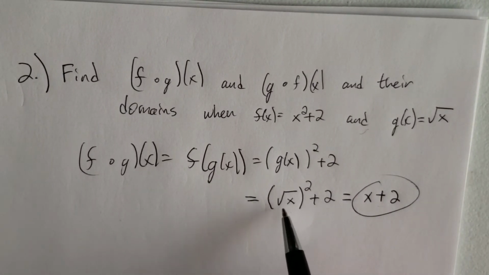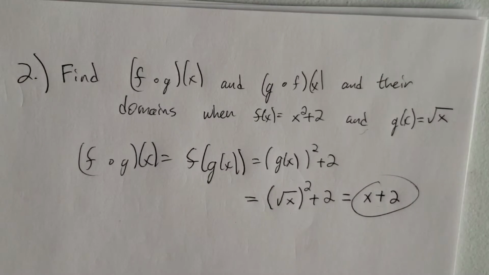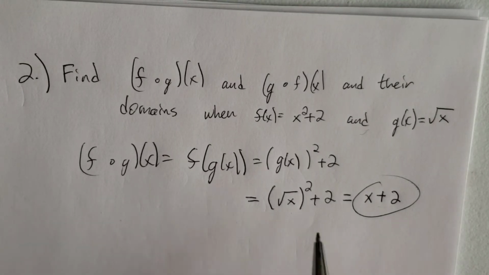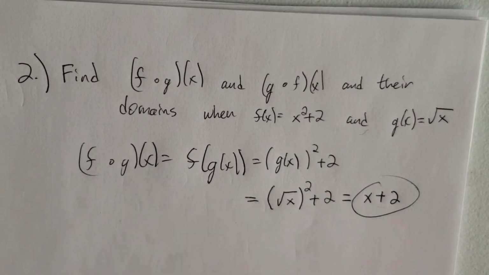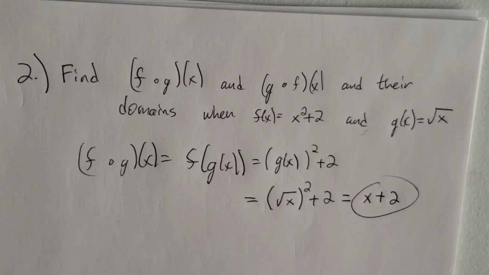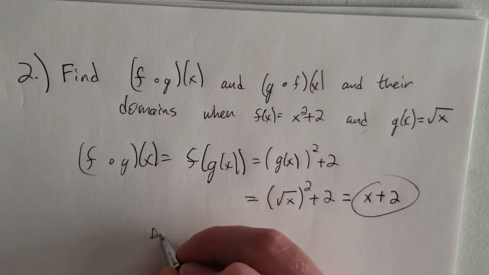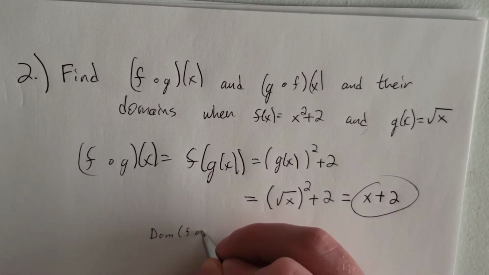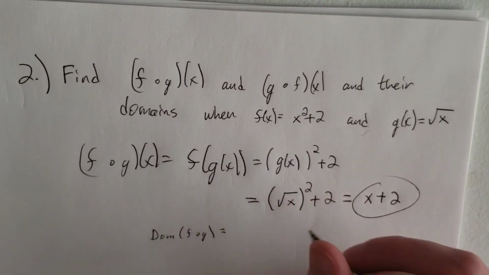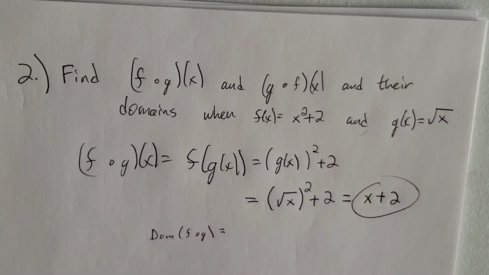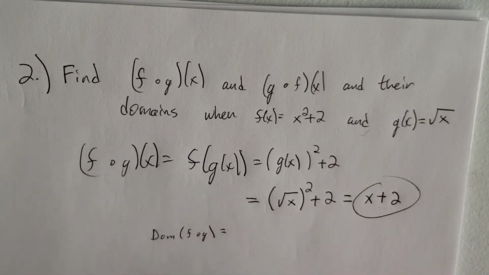If I had negative 3, we can't take the square root to then square it. So we still are not allowed negative values. So really we want to look at this way of expressing our function. And when we look at that, we notice that the domain of f composed with g is equal to, we can plug in everything as long as x is equal to or greater than 0.